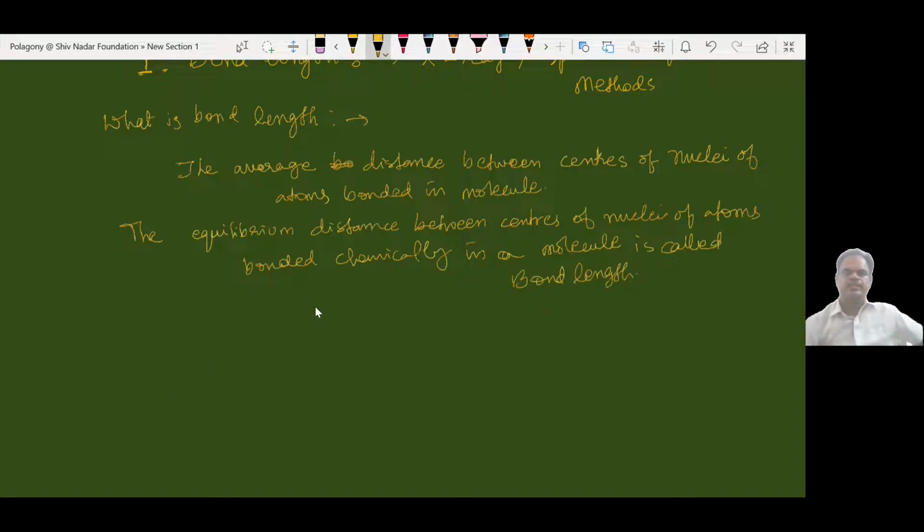So bond length is nothing but the distance between, if you assume that atoms are spherical in shape, each has a center, and another atom bonded to it is also spherical and has its own center. The average bond distance between the centers of the nuclei of the bonded atoms is called bond length, which we measure in picometers. 1 picometer equals 10 to the power of minus 12 meters.